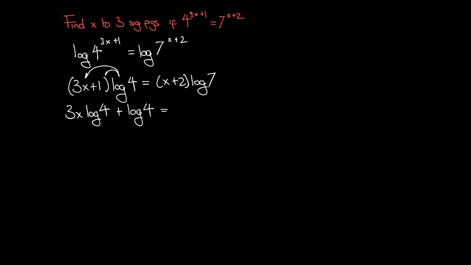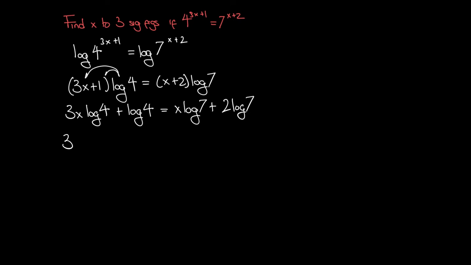And that's going to be equal to x log 7 plus 2 log 7. From here, we're going to group like terms.